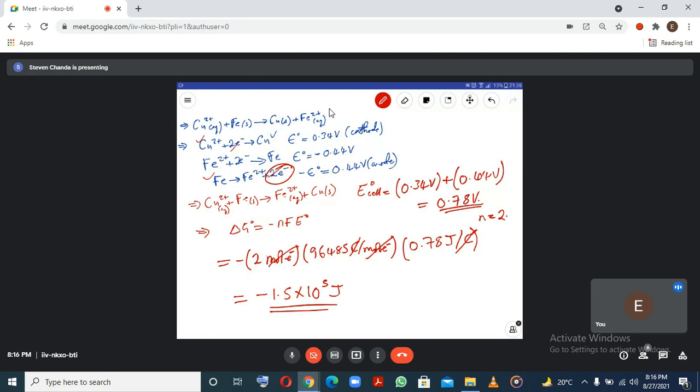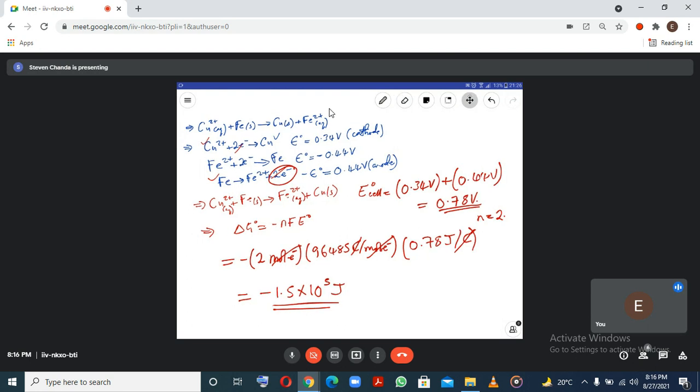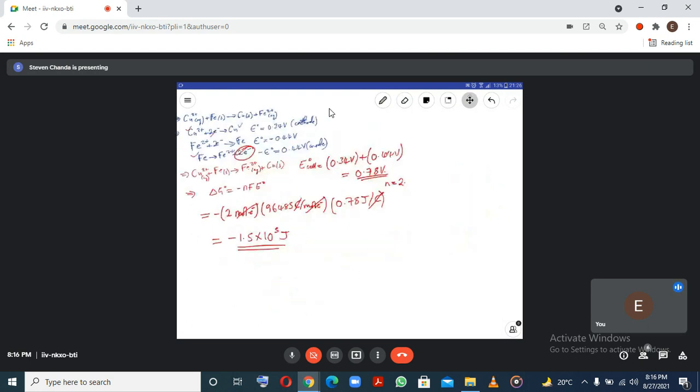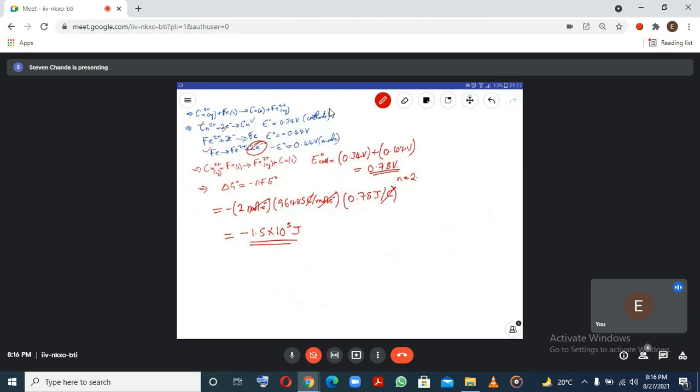So then how do you explain that this reaction is spontaneous? You explain and say the process is spontaneous, and it's indicated by both a negative sign of free energy and a positive sign of E cell.